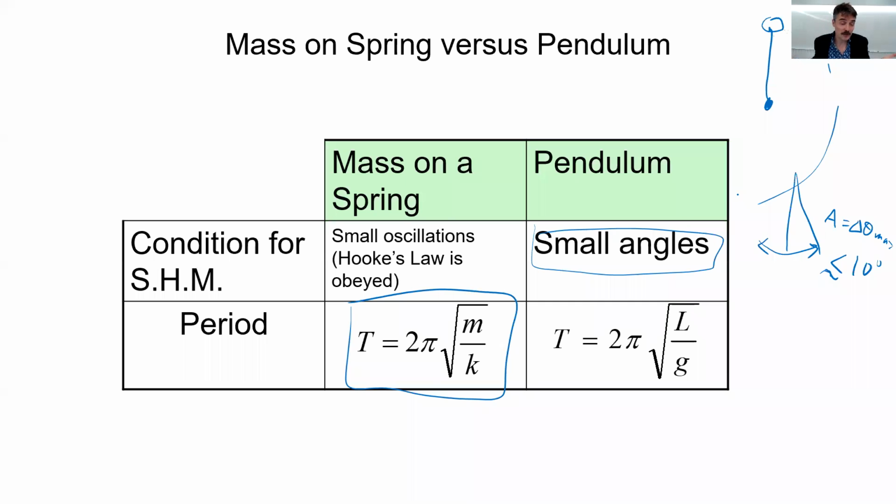So that's not simple harmonic motion. So there's some limit, and the limit is that it has to be within around 10 degrees of hanging straight down, or else you can't use the small angle approximation that sine theta is roughly equal to theta. Oh, right. Okay, thank you. Okay, sure.